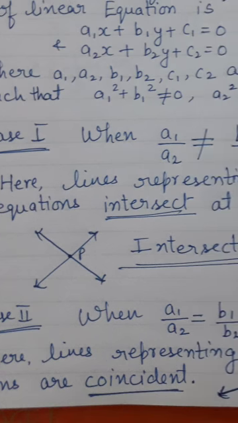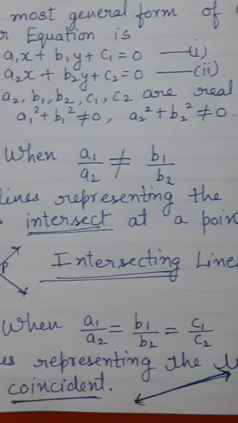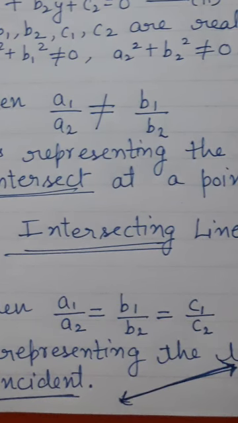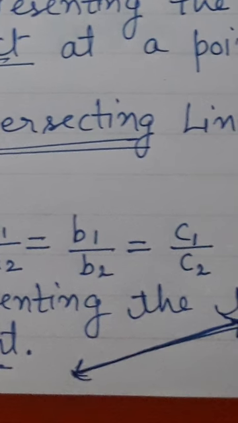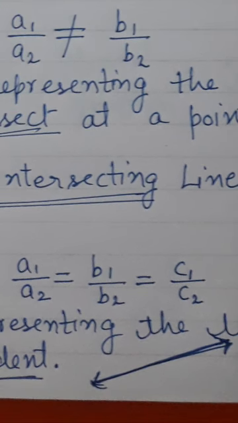Now after this, the second case may arise. In the second case, all three ratios will be equal: a1 by a2 is equal to b1 by b2 is equal to c1 by c2. It means that the ratio of the coefficients of x is equal to the ratio of coefficients of y, and it is equal to the ratio of the constants given in the equation.